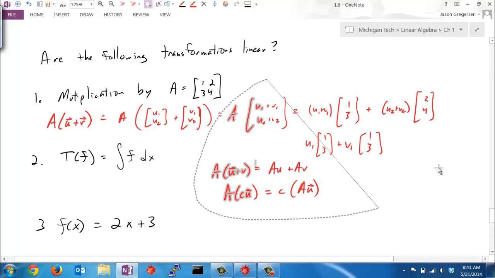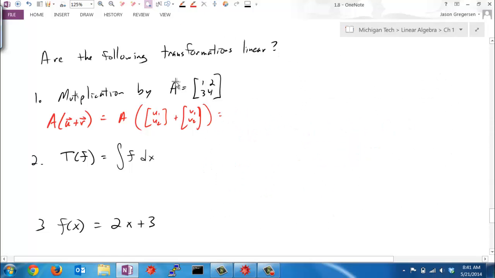All right, what about the next one with the integral? First, we have to test out our first property. So is the integral, so we need to show that T of f plus g, two functions, is somehow equal to T of f plus T of g. So what is T of f plus g?